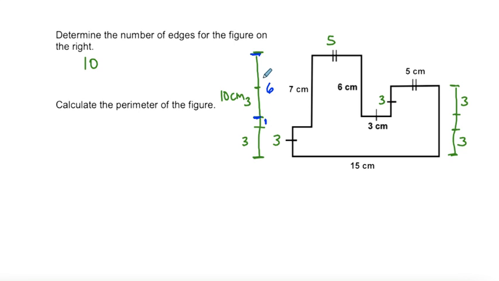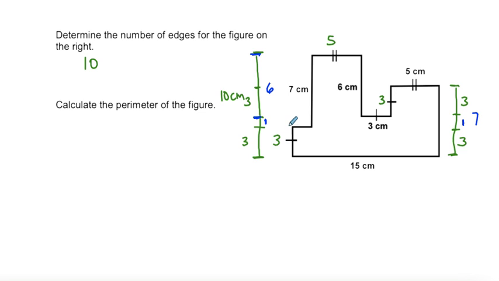And if that part is 1, because 6 plus 1 plus 3 gives us 10, then this part right here should also be 1, which means the height of this side here is 3 plus 1, which is 4, plus 3, which is 7.